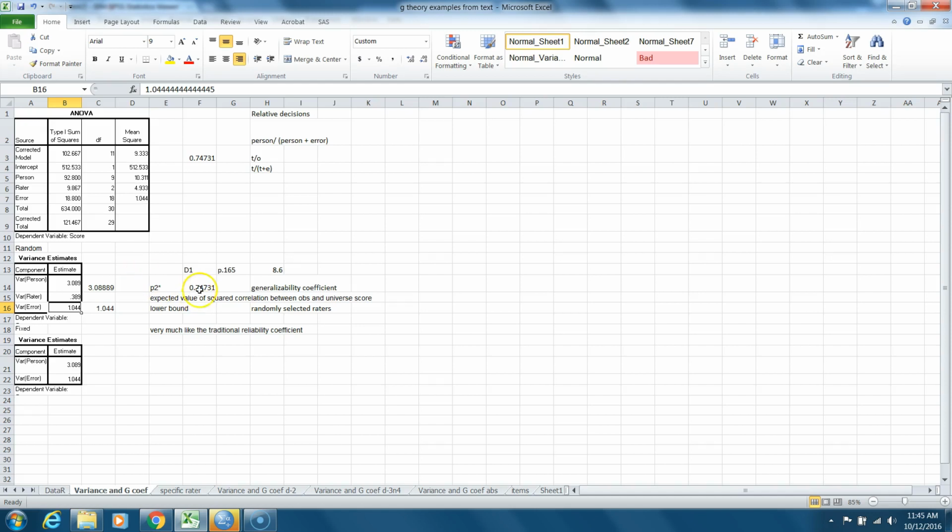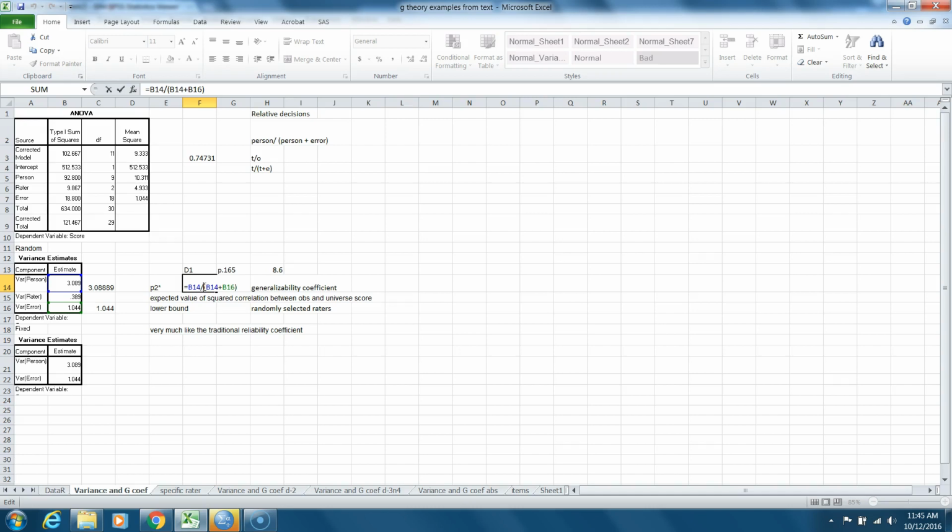I have equation 8.6 from page 165 and I've plugged in those values. I take the variance of persons, B14, that value of 3.08889, and divide it by the variance of persons plus the variance component of error.